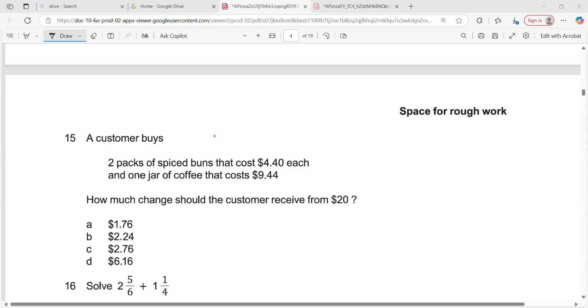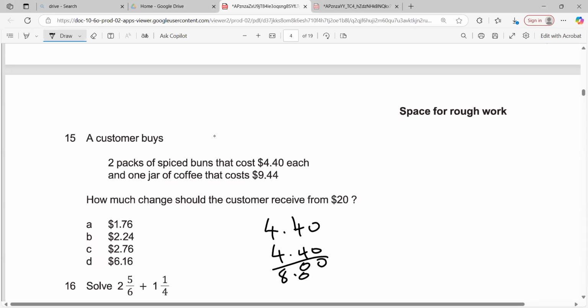So it says a customer buys 2 packs of spice buns that cost $4.40 each, and 1 jar of coffee that costs $9.44. Since it says that 2 packs cost $4.40 each, you would have to add $4.40 plus $4.40, which would give you $8.80.